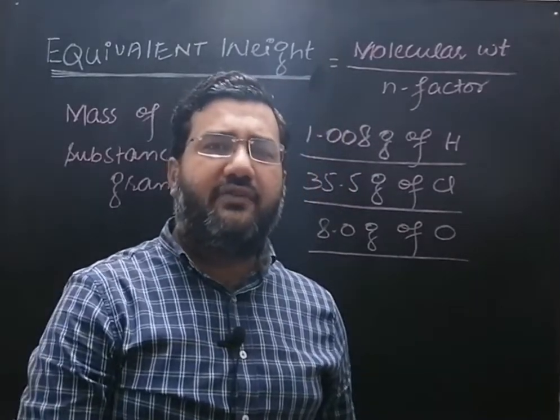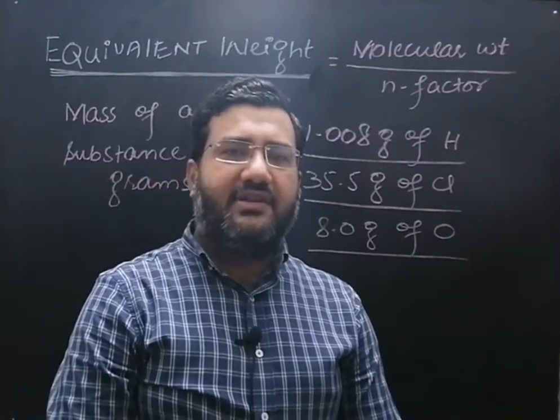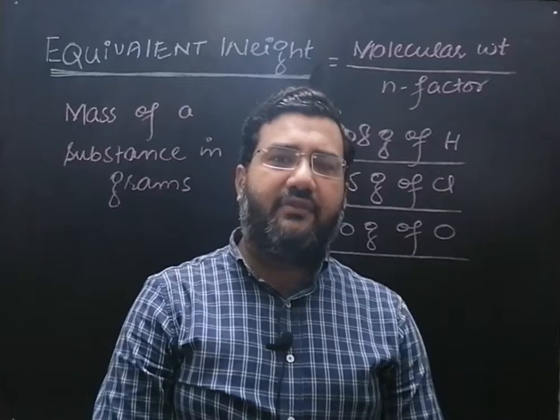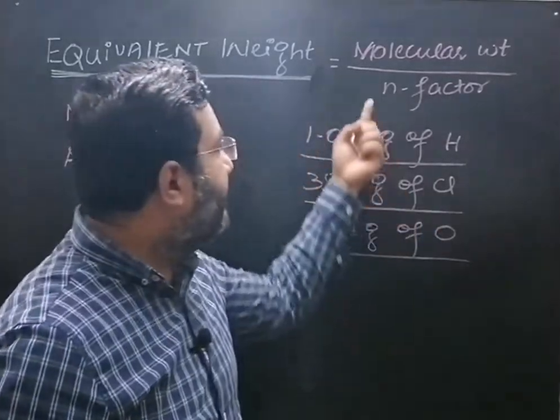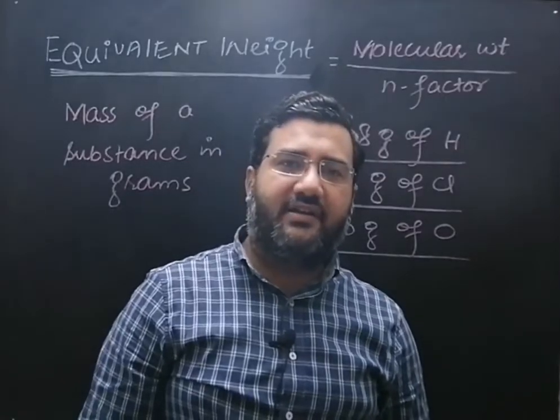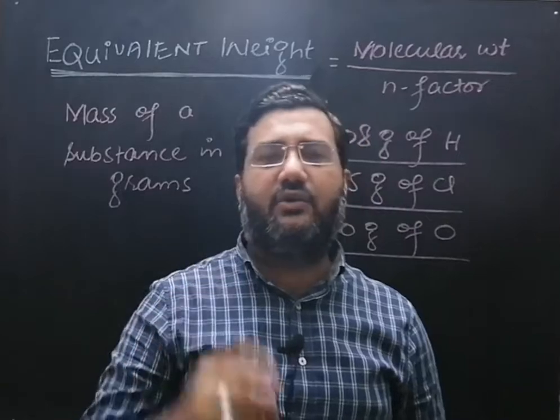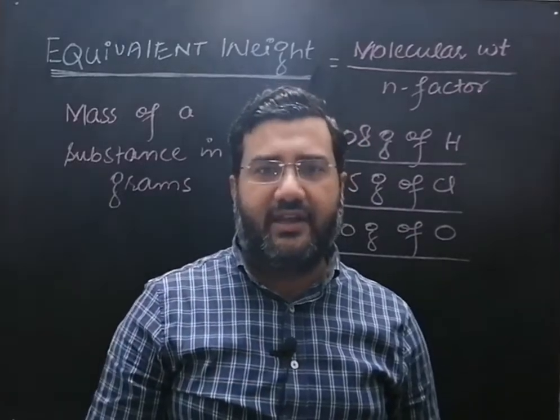We know the molecular weight of any element, any compound. The main thing required to calculate the equivalent weight of any substance is the n factor. What is meant by the n factor? If we can learn about the n factor, then we can easily calculate the equivalent weight of any compound.